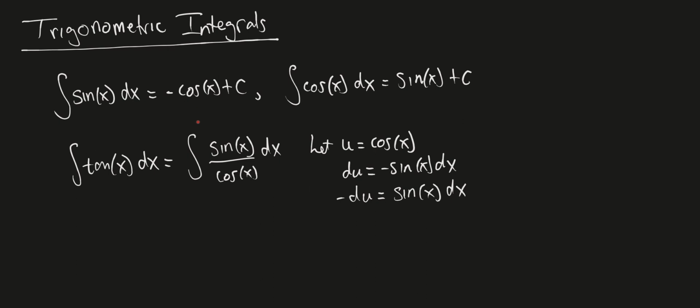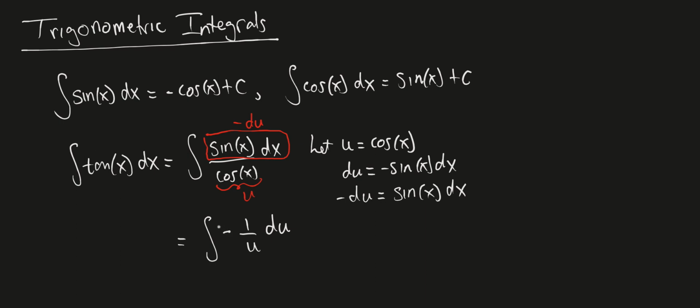That means I can replace sine x dx with negative du, and replace the cosine of x with u. So the integral becomes -1 over u du.